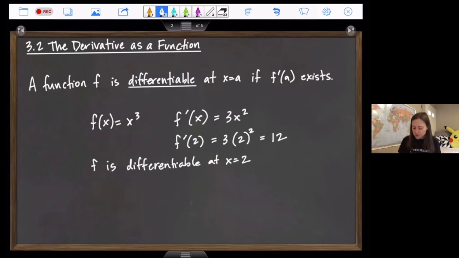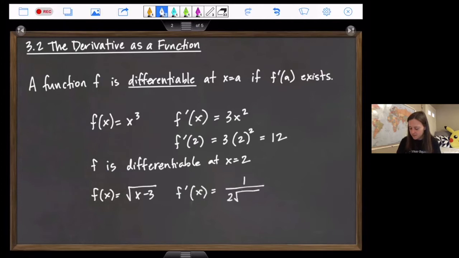Okay, but we also did a derivative for f of x equals root x minus 3. And again, after some pain and suffering, we got the derivative to be 1 over 2 root x minus 3. So for this one, I could plug in lots of numbers. I could plug in x equals 4 and x equals 10, and I can get answers out of the derivative that exist.